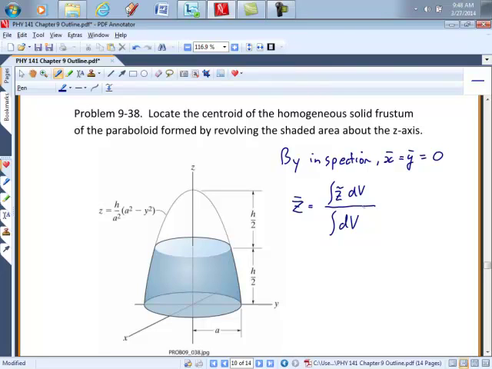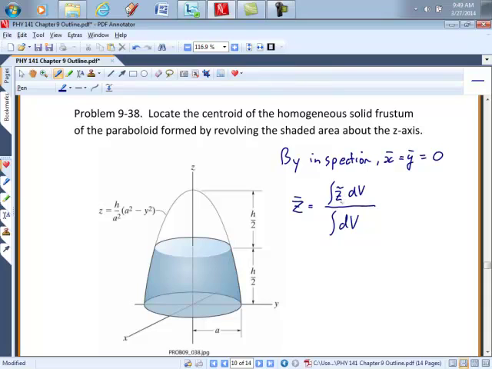We're not going to integrate with respect to y because my z tilde would be very difficult if I'm integrating with respect to y. We would want to integrate with respect to z.